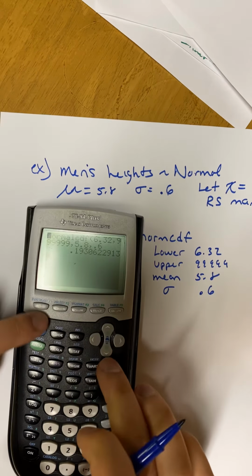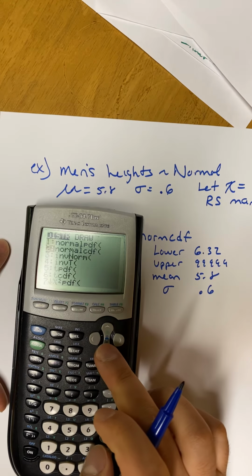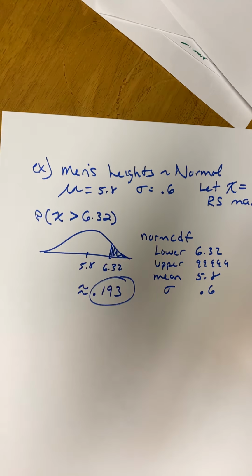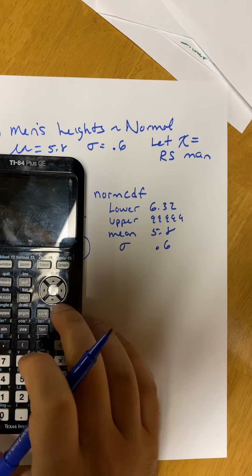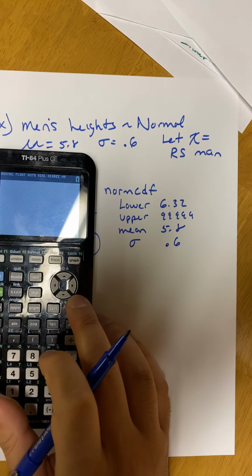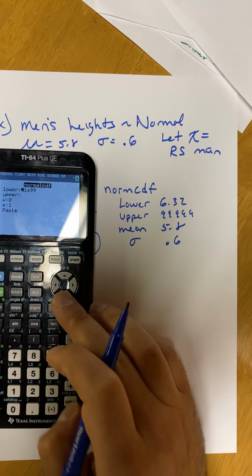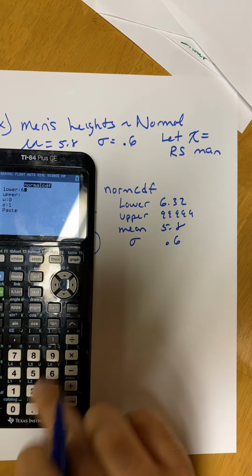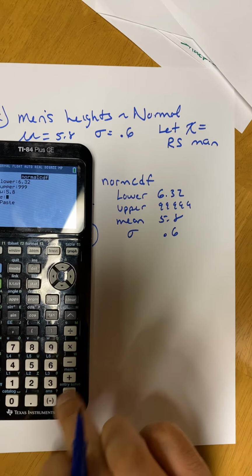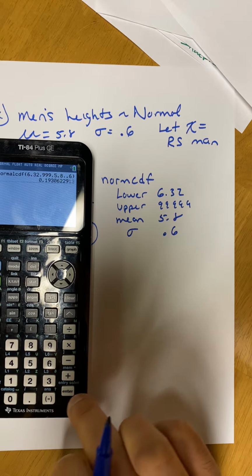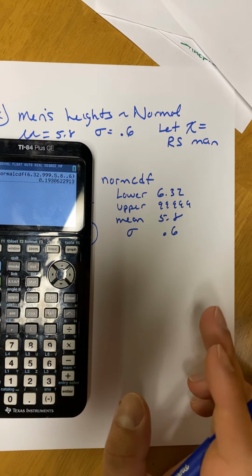Once again, I went to second VARs, norm CDF. If you have the new operating system, you're going to go second VARs, and then it's this way. So 6.32, 999, 5.8, 0.6. Okay, so what does this mean?